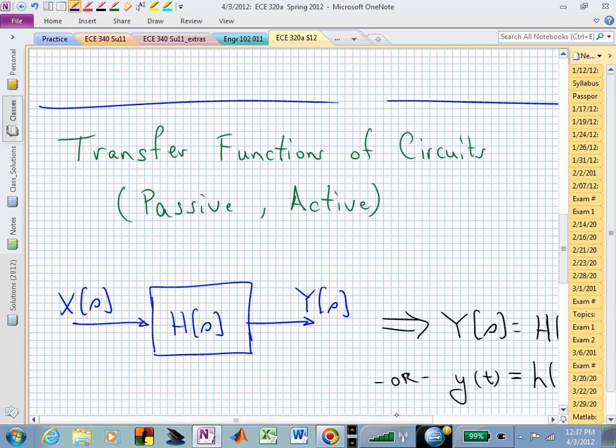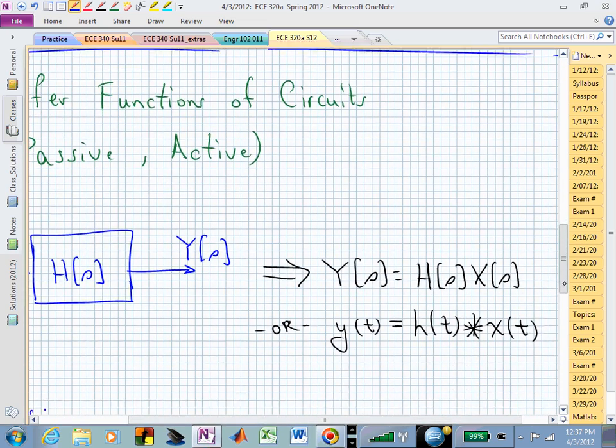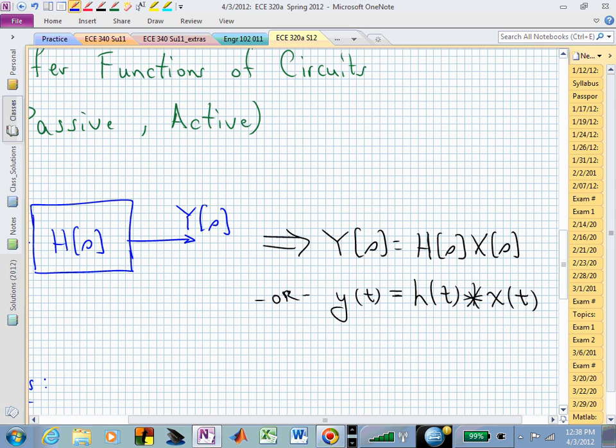As we have discussed, we can now find the output response in the frequency domain, which I'm trying to be consistent and use capital letters, or in the time domain with lowercase. If we jump into the frequency domain, then we can find this output by simply multiplying the transfer function times the Laplace transform of the input waveform.